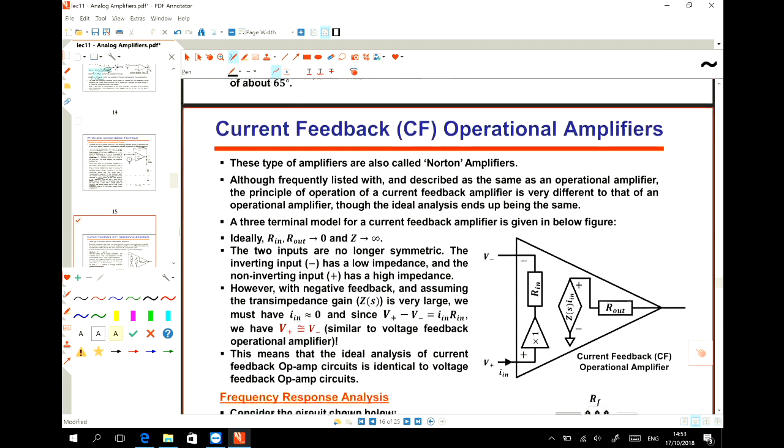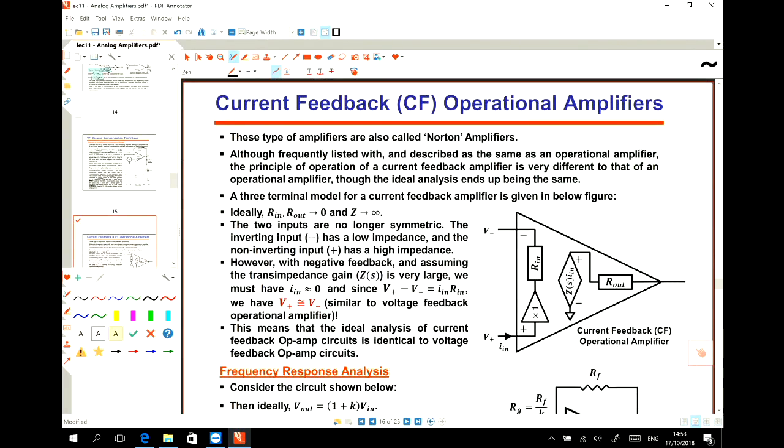So this is what we covered last week. The new section is about the current feedback amplifier. The block diagram is like this: the output voltage is dependent on the input current, the current passing through these two pins, not on the voltage difference between them.